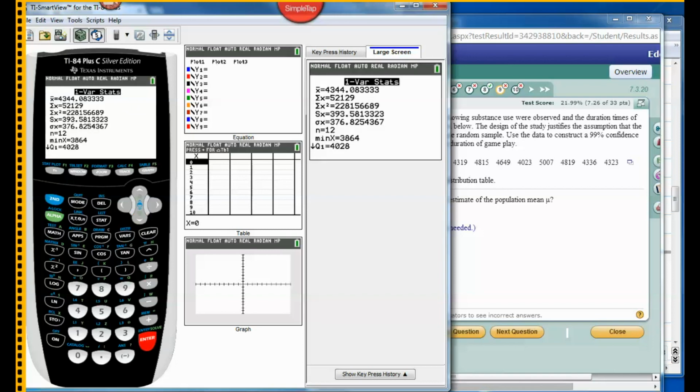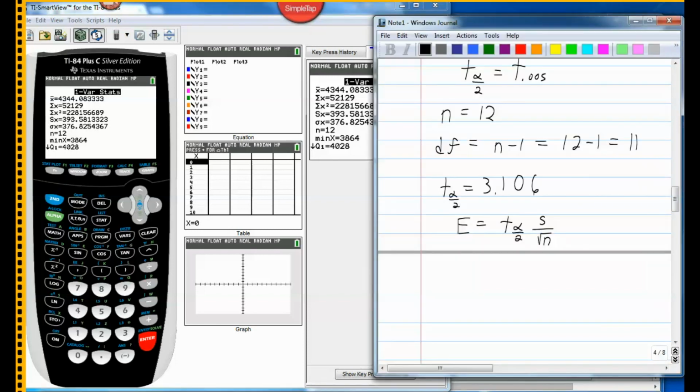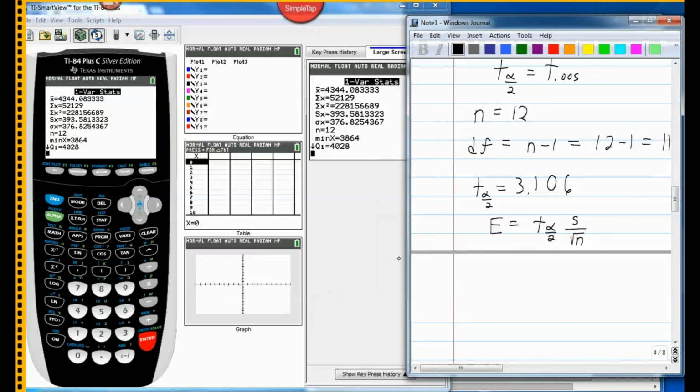And so our sample standard deviation, this right here, is 393.581333323. That's as exact as they gave it to me, so when I plug it in my calculator, that's as exact as I'm going to keep it. So sample standard deviation is 393.5813323.